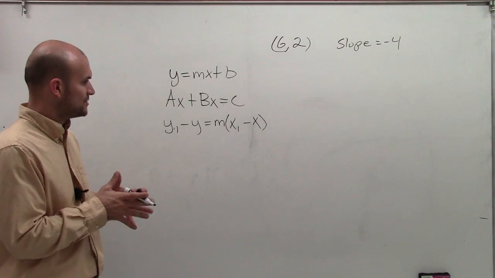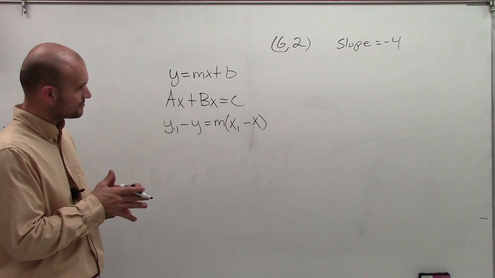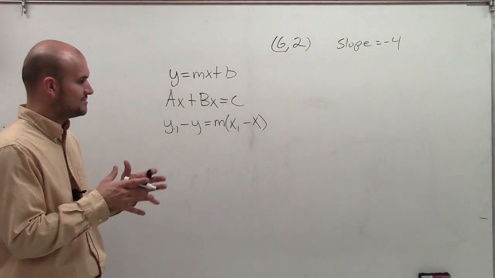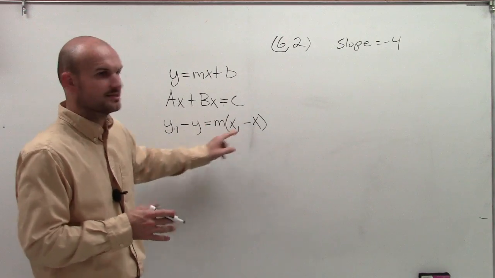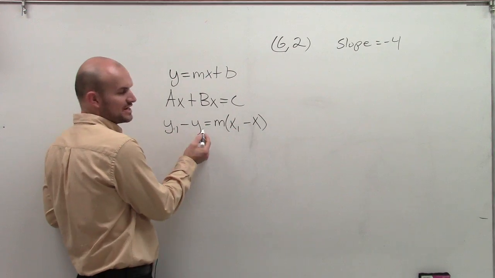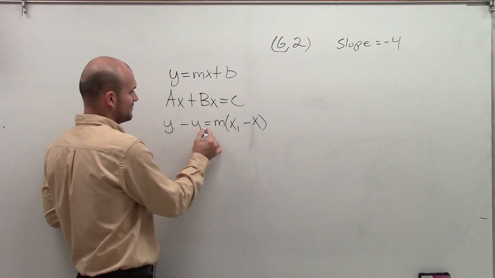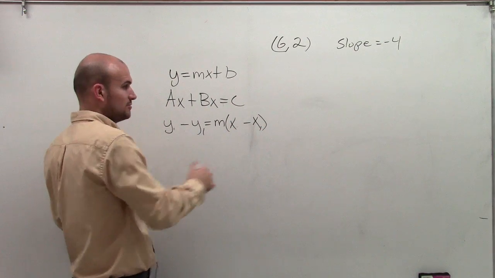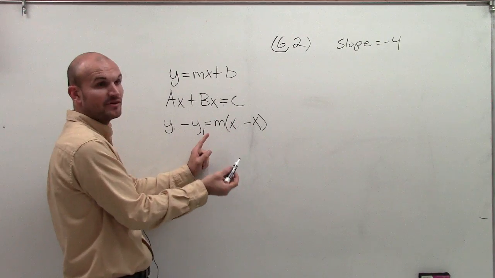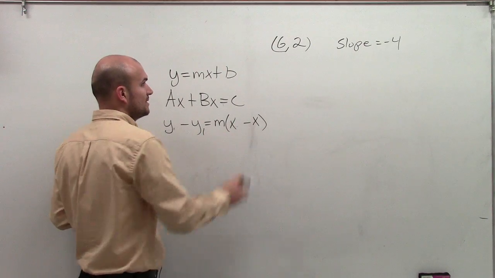The only reason I'm putting in my ones here is I'm just differentiating between my variables. So it doesn't matter if I put a 1 there or not. I just want to differentiate between these variables because these represent different points. They don't represent the same point.